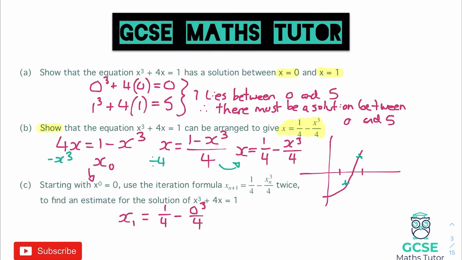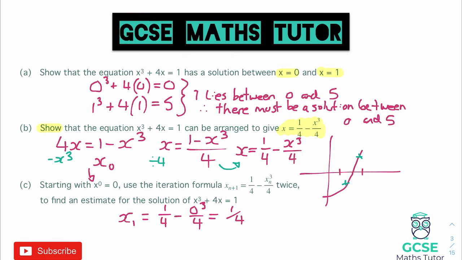And we're just going to type that into our calculator. So I'm going to use my fraction button, 1 over 4, take away, press the fraction button again, 0 cubed over 4. And that just comes out as 1 quarter. So my first approximation to the solution of this equation is 1 quarter.